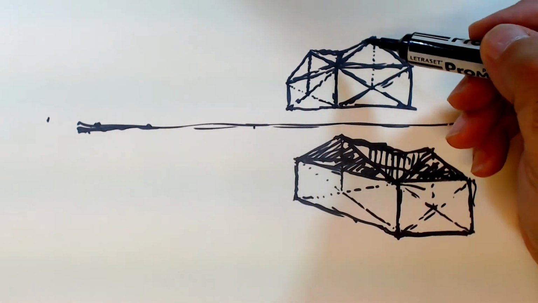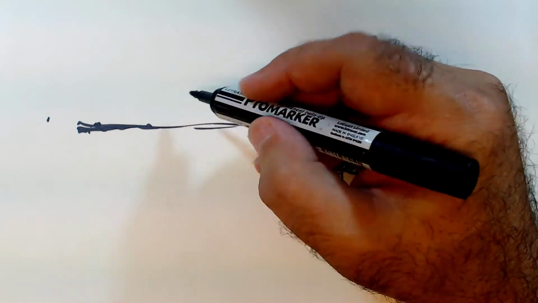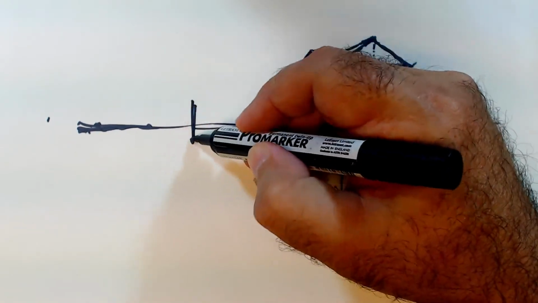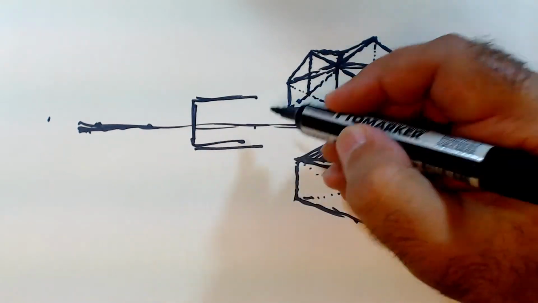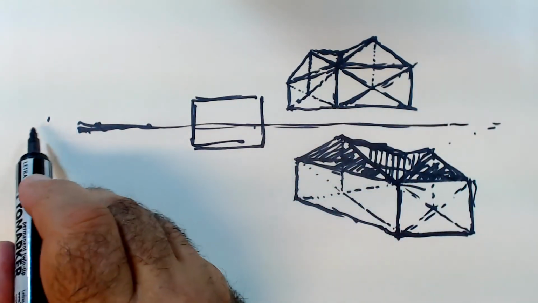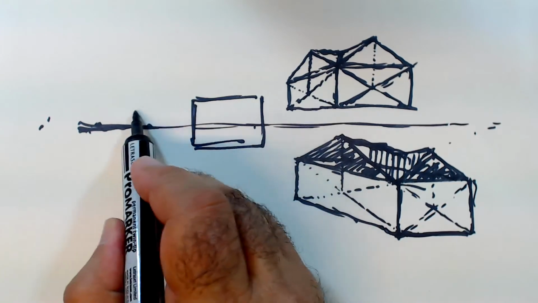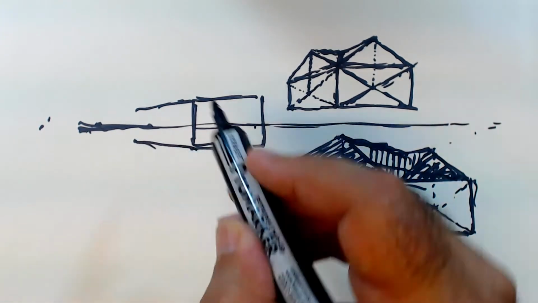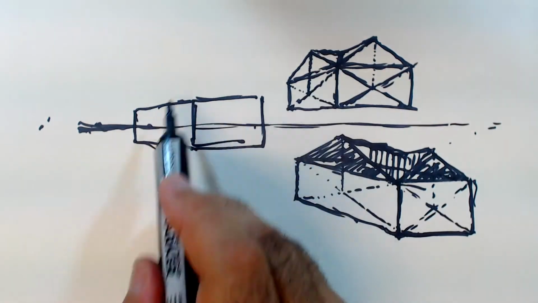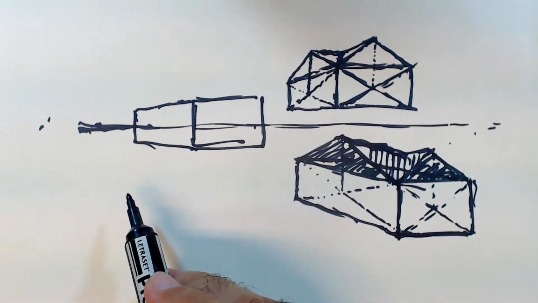So above us, below us, and then on the same horizon line. It's similar. There's no difference here. We're going to do the box. We're going to take a vanishing point. In this case, we've got both an ascending and a descending line for the roof.